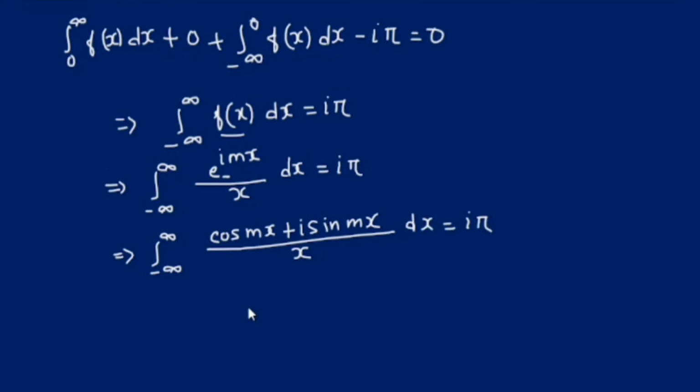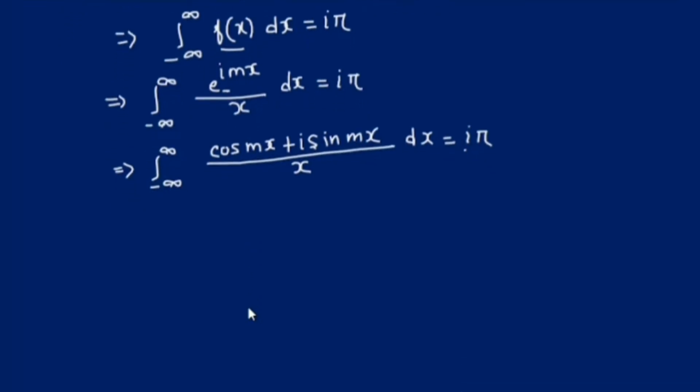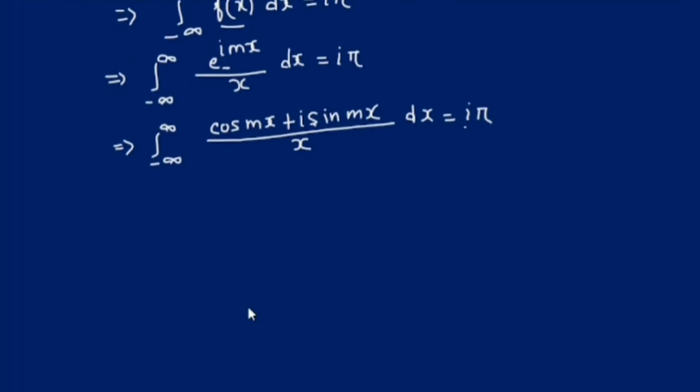Now we equate the imaginary parts of both the sides, because we have to evaluate, our integrand is sin mx by x. Okay, so to evaluate that value, we will equate the imaginary parts of both the sides.